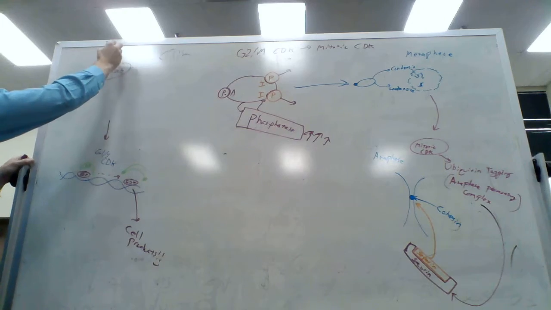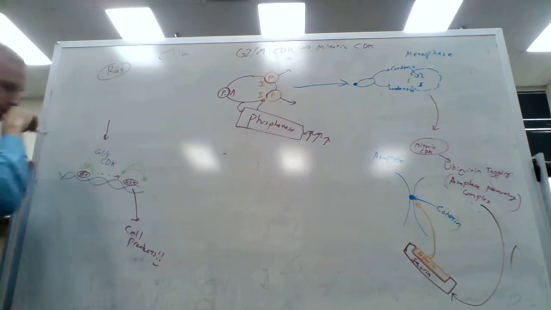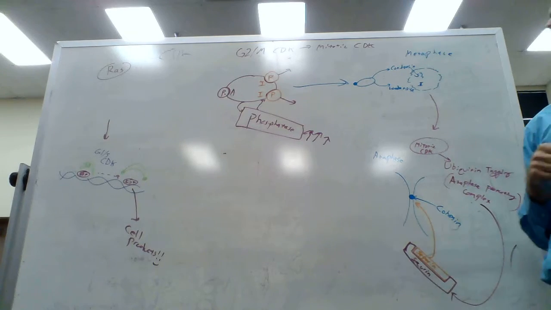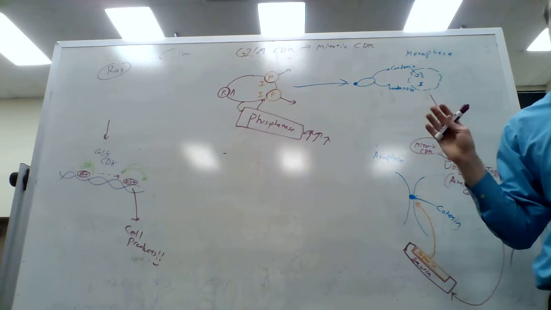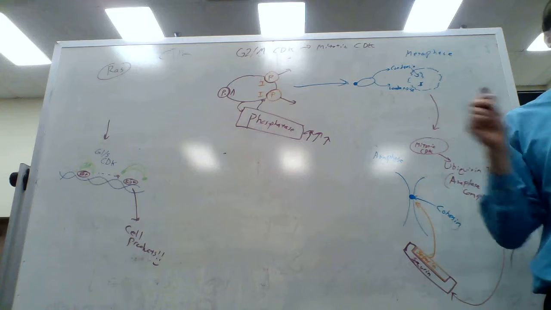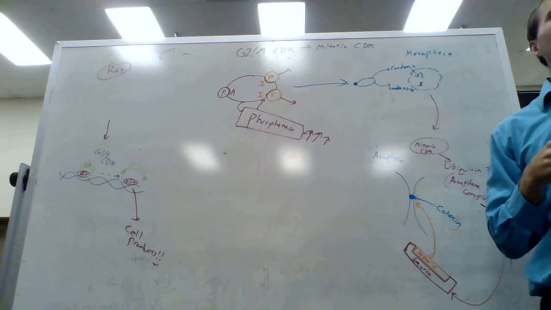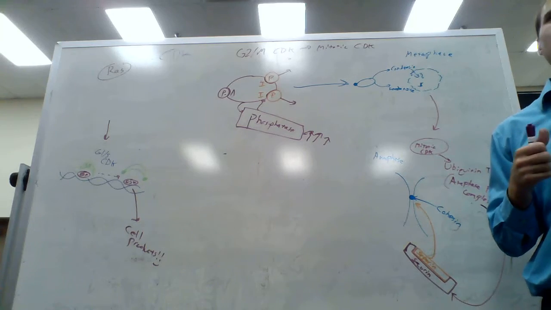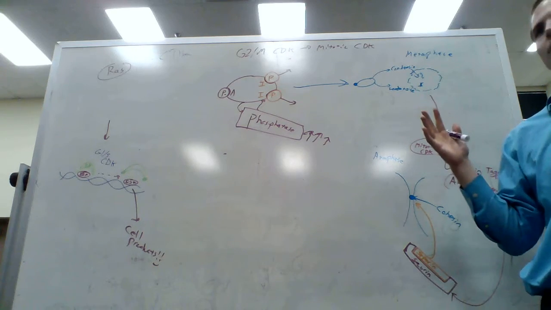So if the Ras protein is going to have that signal, let me ask you first, is the Ras gene, back up a little bit, is this going to be a proto-oncogene, meaning it only takes one to jack up the cell, or is this going to be a tumor suppressor gene?